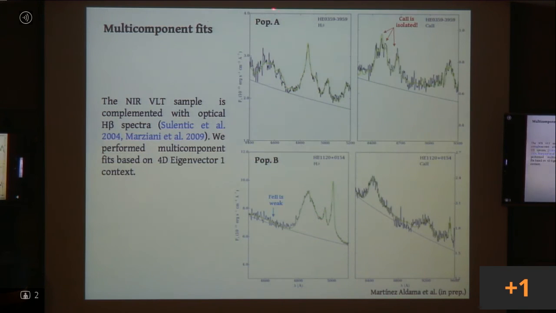It depends on the type of object. This is a very nice spectrum where the calcium 2 triplet is not blended, and this is the O1 line. Here it's totally blended, but anyway, of course, our spectra are much larger. We have Paschen 9, 8, 9. Okay.